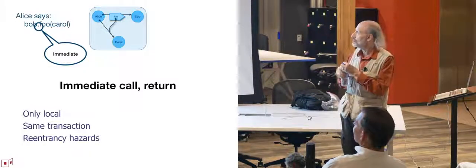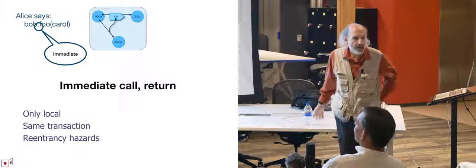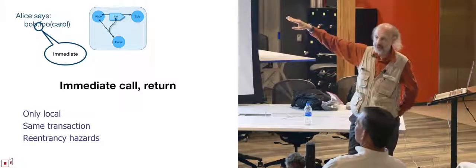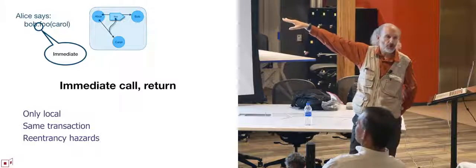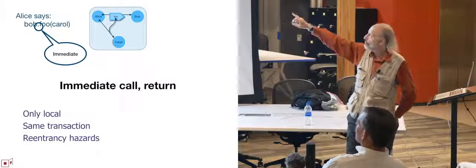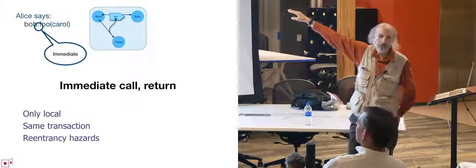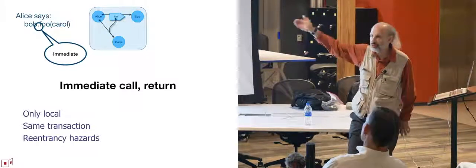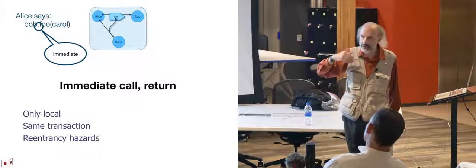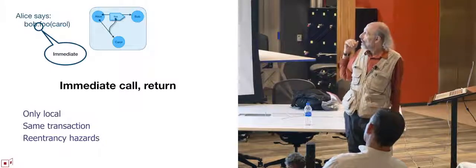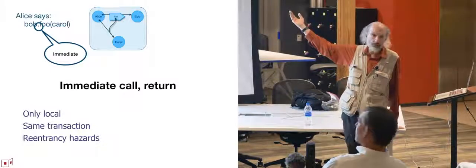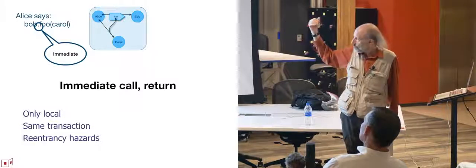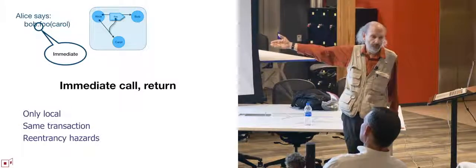But this dot here creates a problem. This dot is the immediate call-return control flow, where Alice is invoking Bob right now, does a control transfer to Bob, Bob executes to completion, returns to Alice. And everything that Bob does while it's invoked is part of Alice's transaction.